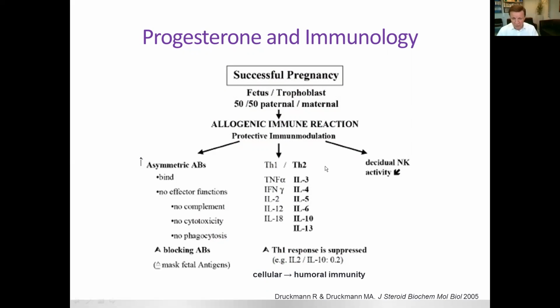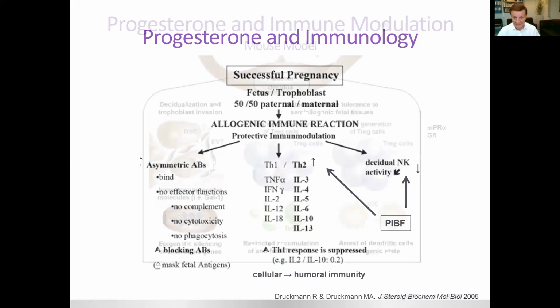There is a switch from a more cellular immunity with a Th1 pattern to a Th2 pattern, which is more a humoral immunity, and progesterone induces this uterine decidual natural killer cell activity, and that again helps this semi-allogeneic fetus to implant. And there is one substance, the so-called progesterone-induced blocking factor, that is important in that respect because it induces all these immunologically relevant activities.